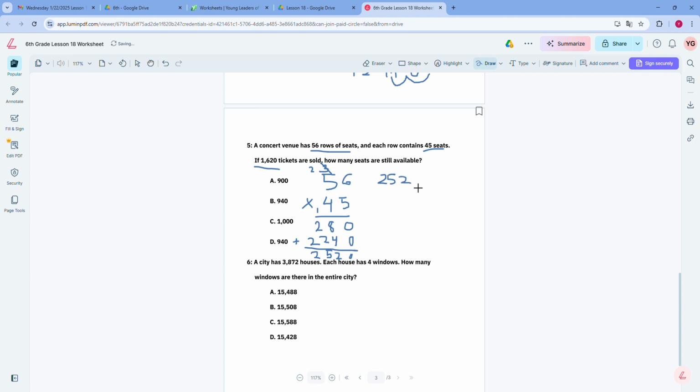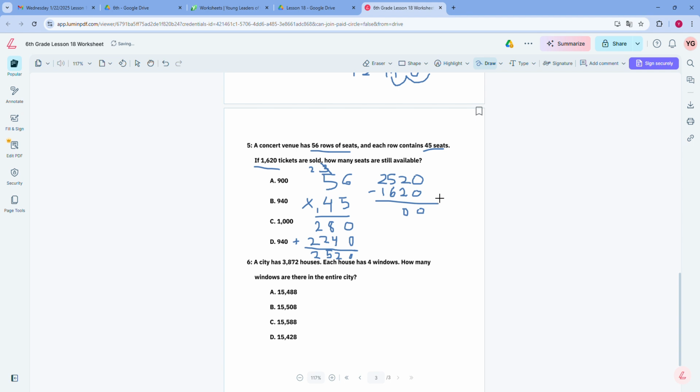2,520 is the total number of seats that's possibly available, but 1,620 tickets are sold. So that would mean that to find the number of seats still available, you would want to subtract.